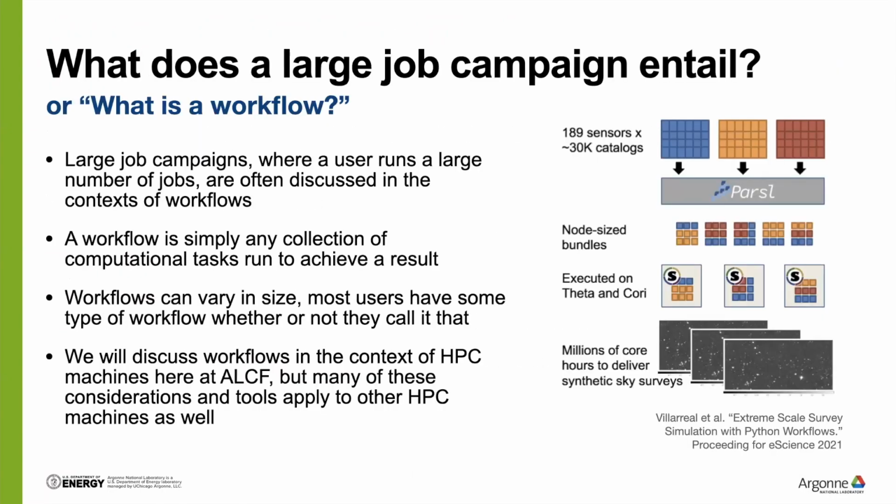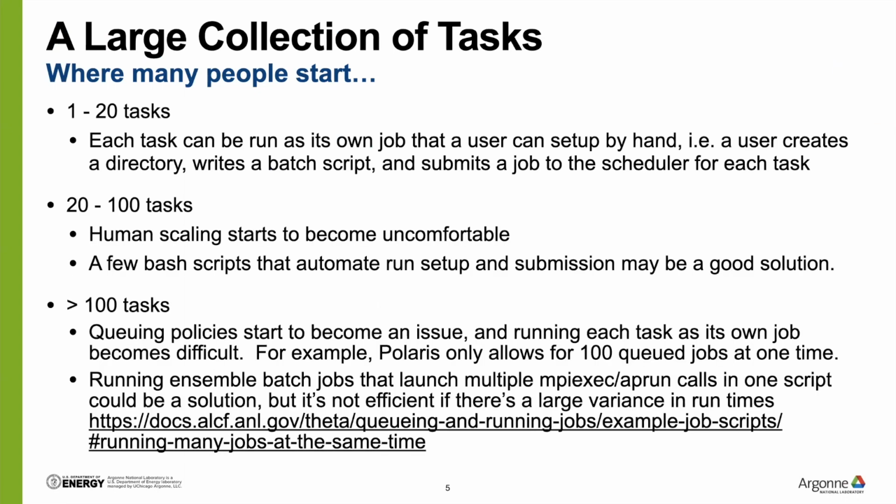Right. Yes. So PBS and Slurm, I'm less familiar with Slurm, but I know PBS has array jobs, and yes, it's similar. This is something that we recommended to use with Cobalt, which was the scheduler on Theta. And so in the ensemble batch job, essentially what you do is you just create multiple, well, on Theta, that would be app run commands.